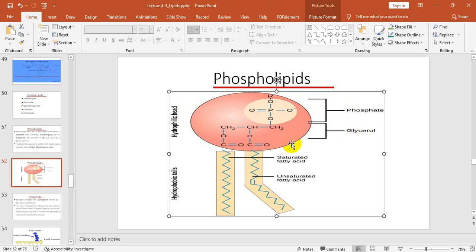We also have the glycerol because you cannot form a phospholipid or any triacylglycerol without a glycerol backbone. So this is the glycerol backbone, CH2O, CHO, CH2. But the other O has been joined to phosphate to form phospholipid.